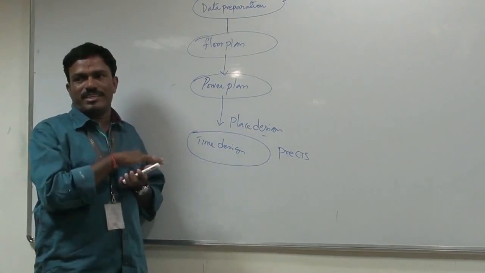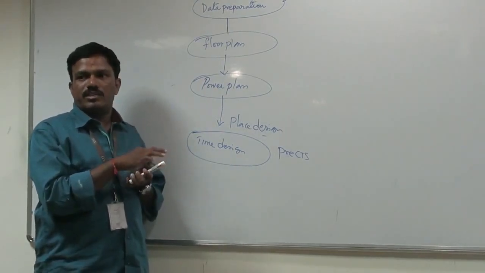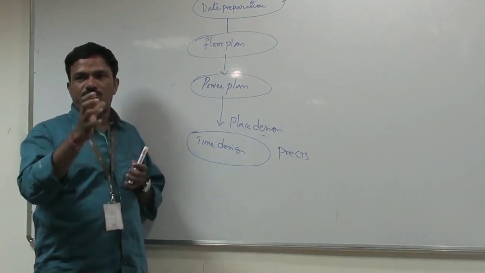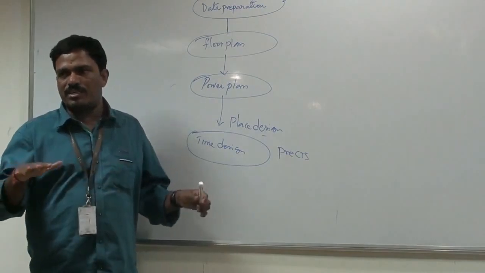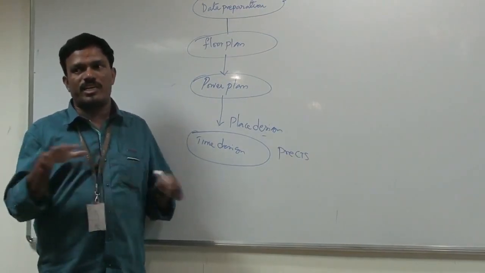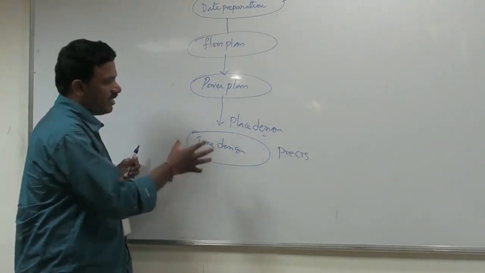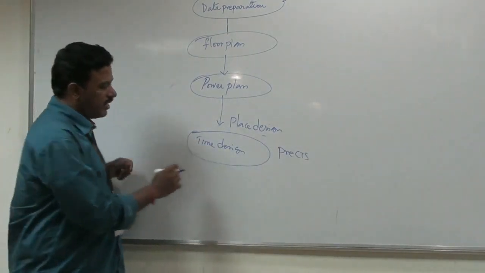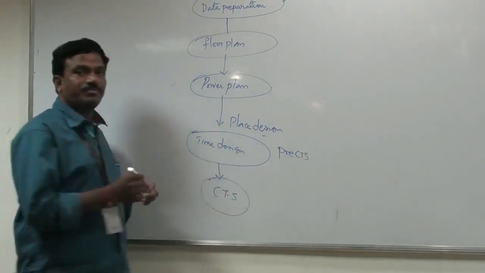We again verify reg to reg, in to reg, and all other paths, and confirm that there is no negative slack in your design. Once pre-CTS timing after place design is okay, then you go for the process called clock tree synthesis.